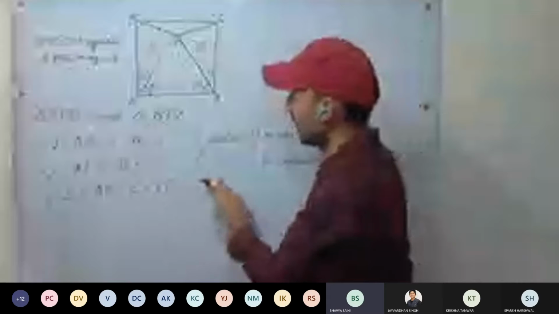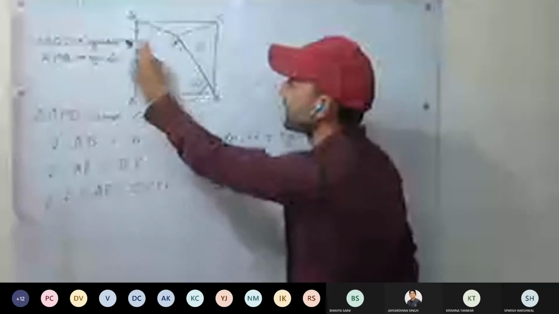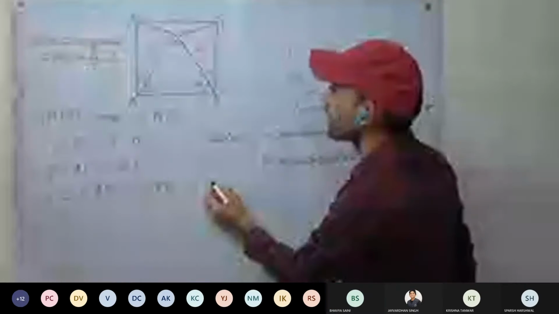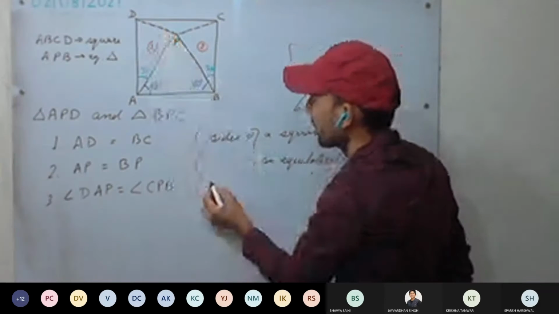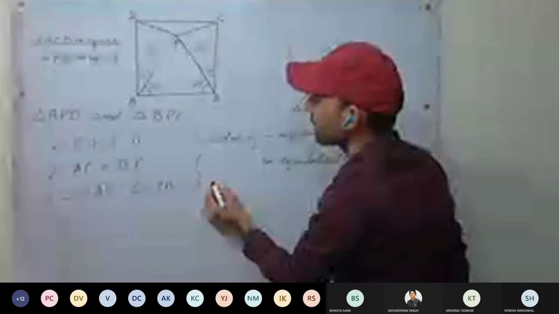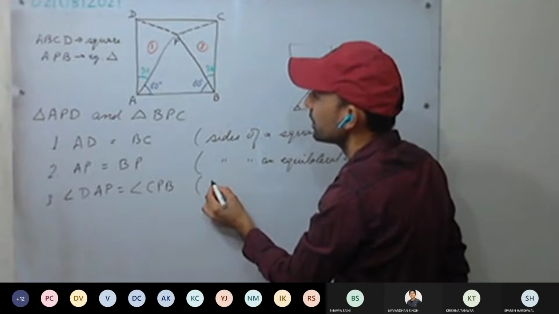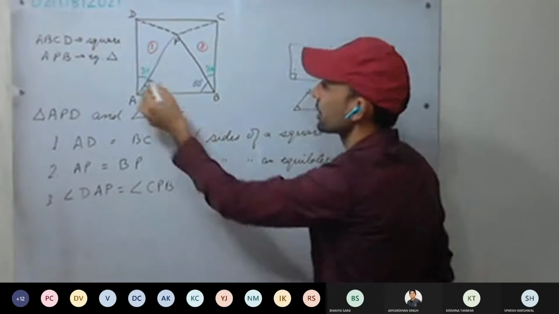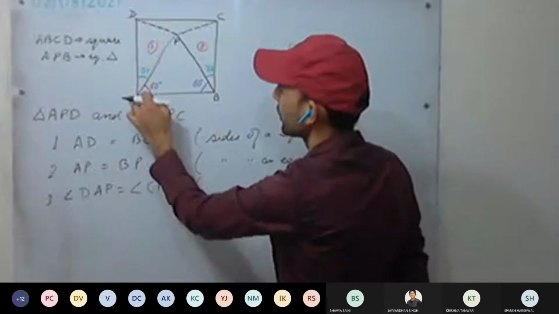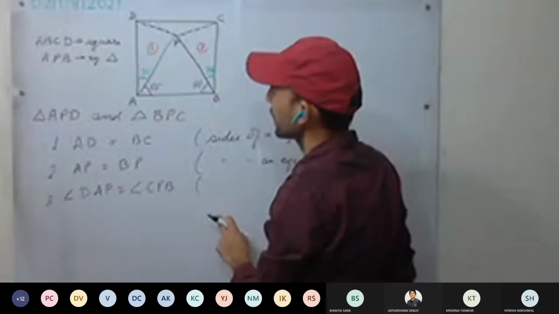A long reason will be there, or simply you can write the reason. What reason can we write for angle DAB? This is 30 degrees. Either we can calculate, the calculations we can provide here.